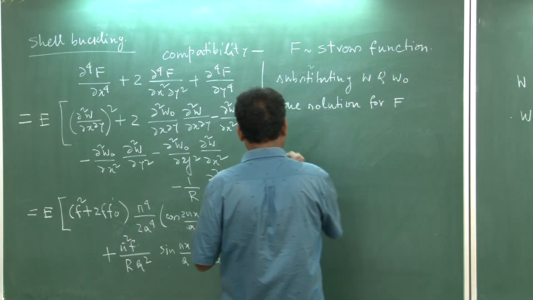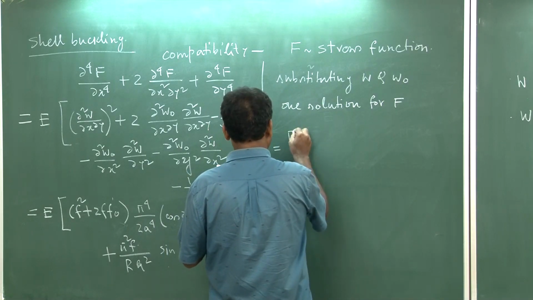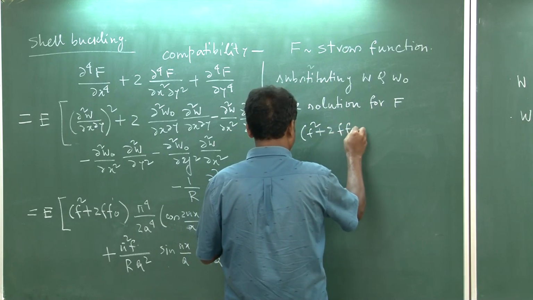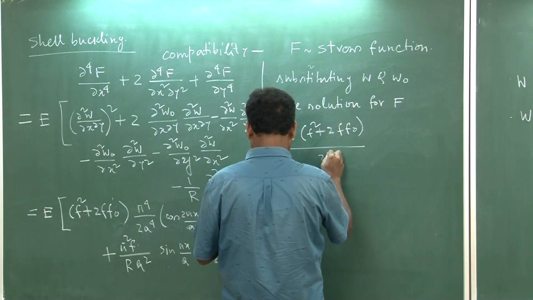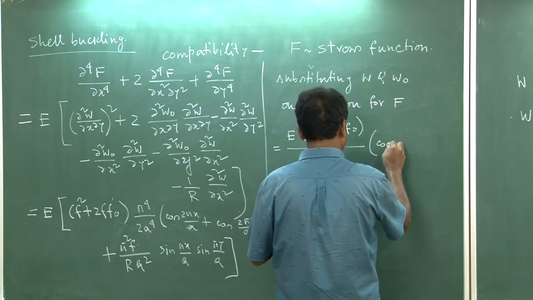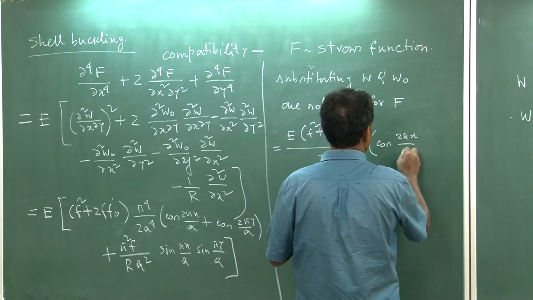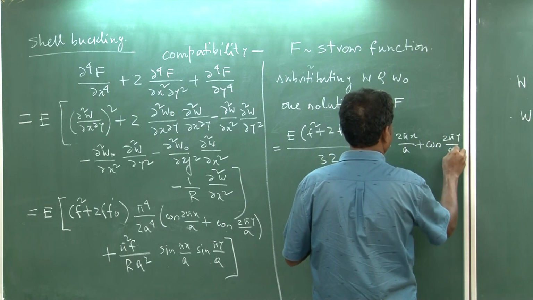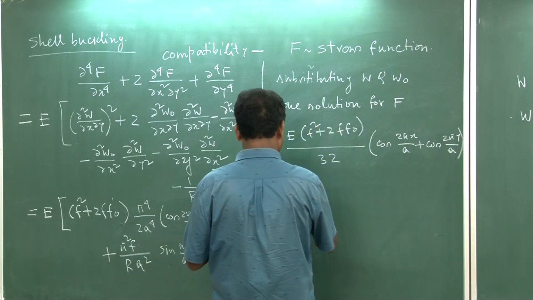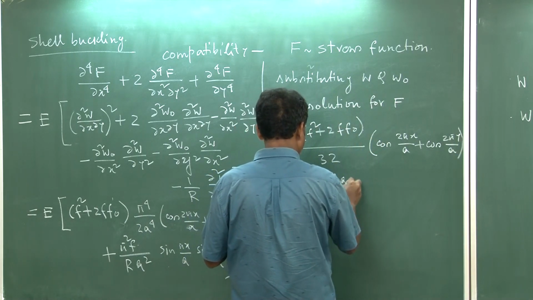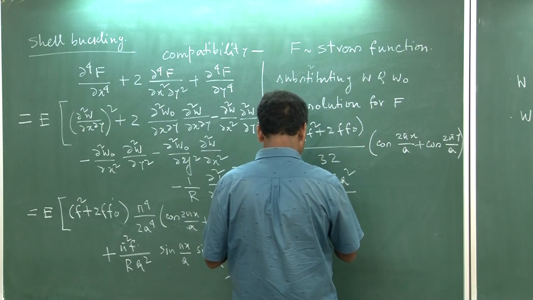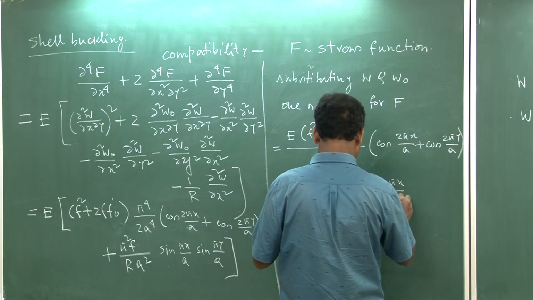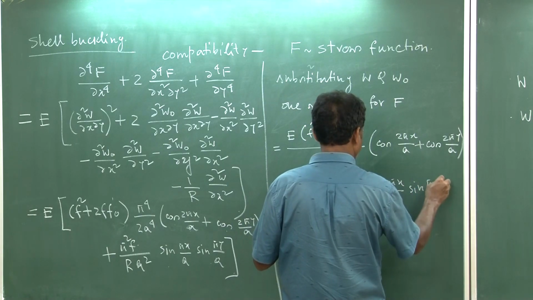F will be, I am writing down, equal to E f square plus 2 f f0 divided by 32 cosine of 2 pi x upon a plus cosine of 2 pi y upon a plus E f square by 4 pi r sine pi x upon a sine pi y upon a.